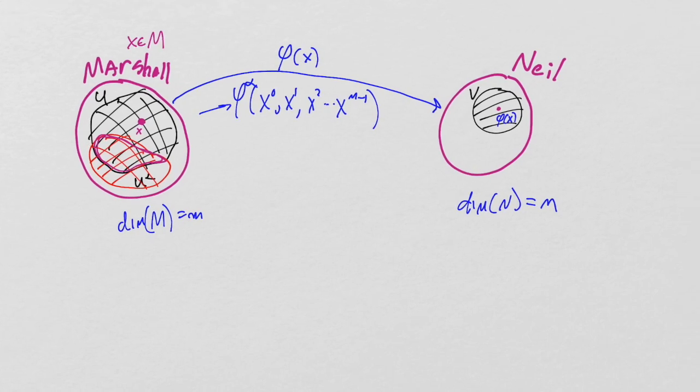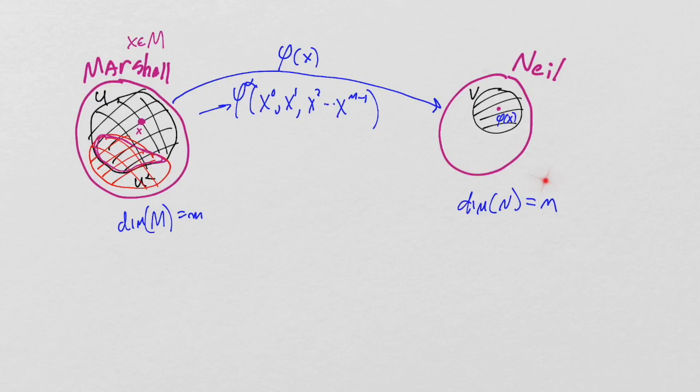Now, it is true, we're taking a point that has coordinates in u, and we're giving it new coordinates, but we're not just giving it new coordinates inside Marshall. We're actually moving it to a new manifold that has its own coordinate systems, its own charts, and we're picking out one of those charts, and we're giving the old coordinates new coordinates in a new manifold in a totally different chart structure. So this is not the same.